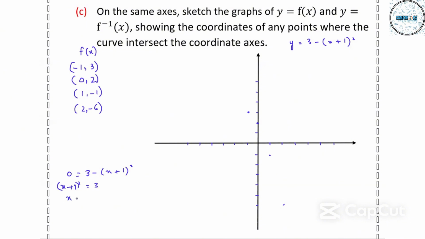Taking the square root, x plus 1 is equal to square root of 3. Then x is equal to under root 3 minus 1, which is 0.7. So 0.7 will be almost here. So when we sketch the curve, it would be like this.